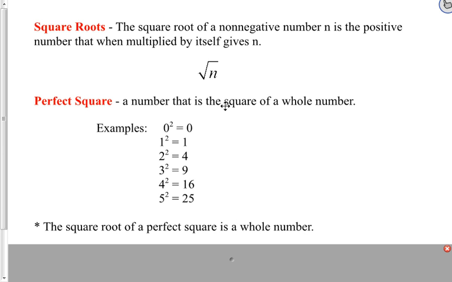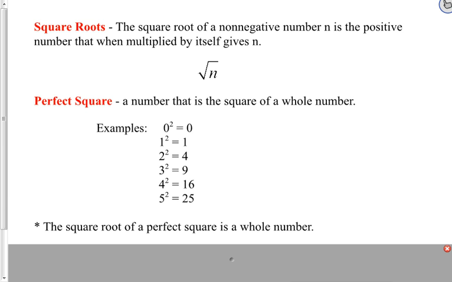All right, the next thing we need to talk about are perfect squares. And you're probably pretty familiar with your perfect squares, but I want to make sure we review them. So a perfect square is a number that is the square of a whole number. So you can see in the examples here, down the left side, I'm taking the square of every natural number, or actually every integer, because we have 0 in there.